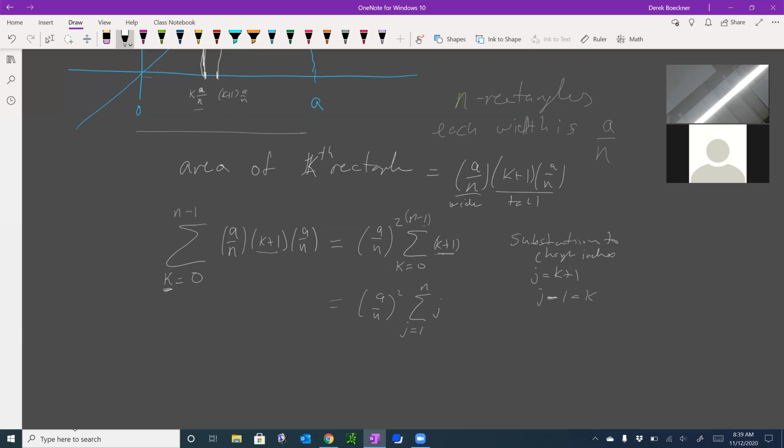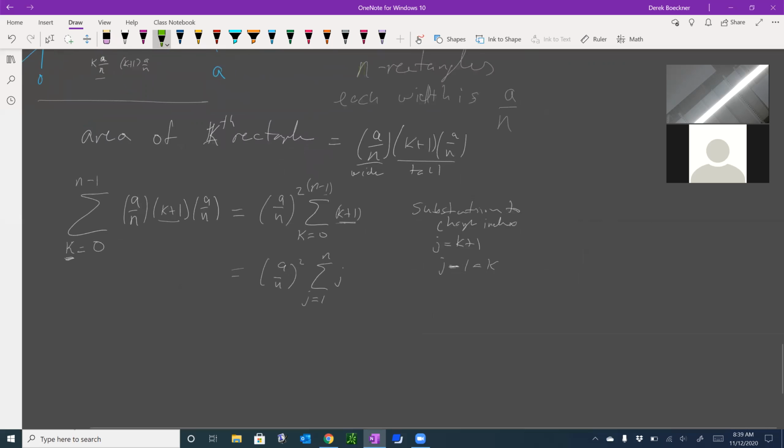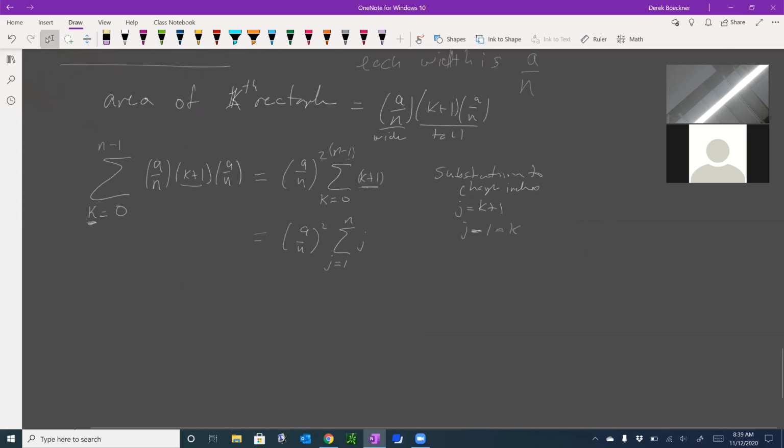And so let's do all of the little bits here. This substitution just comes straight down as a j. We're good with that part. Okay.